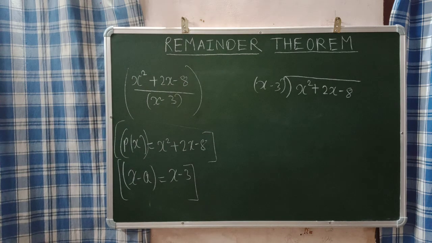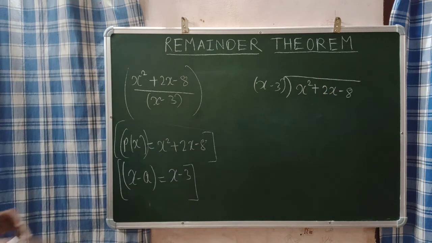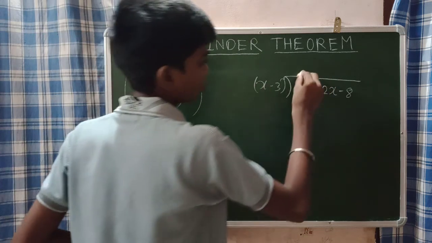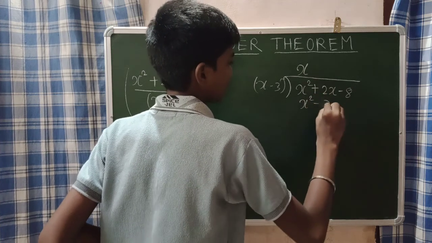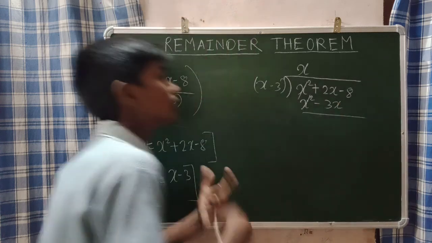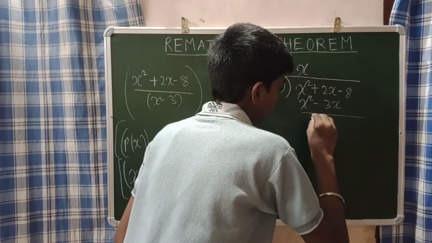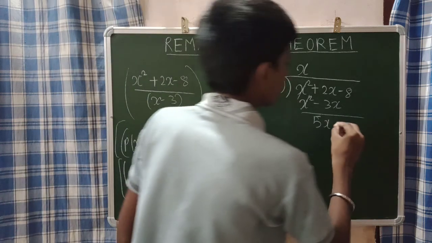Using long division, x minus 3 into x gives x square minus 3x. Now x square cancels, and 2x minus of minus 3x is 2x plus 3x, that is 5x. Then minus 8 is left.